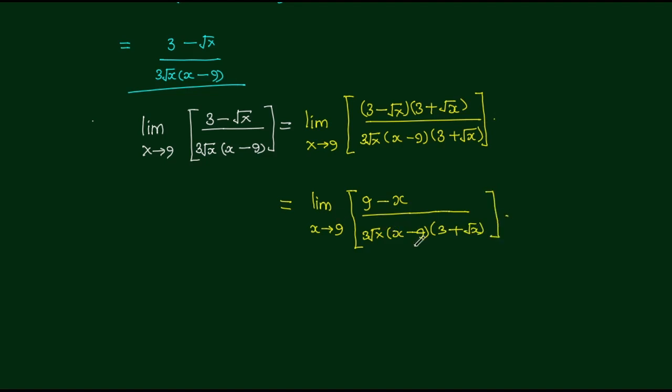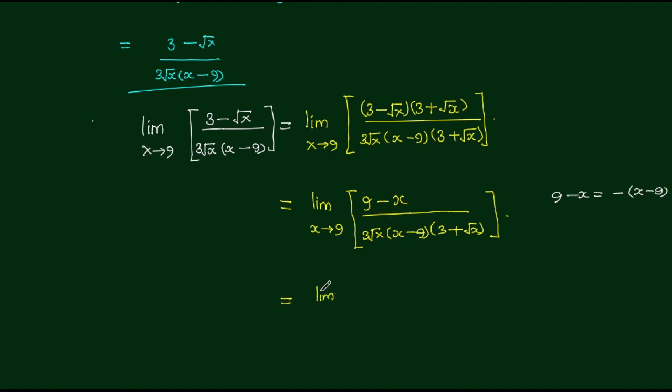So this one is similar to one of the questions we looked at earlier, where we have 9 minus x, yet we had a denominator of x minus 9. So we can rewrite 9 minus x as negative multiplied by x minus 9.